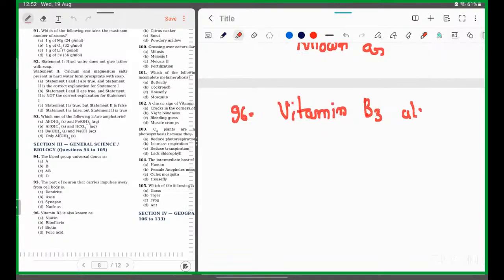It is also known as niacin. So the answer will be A, niacin.